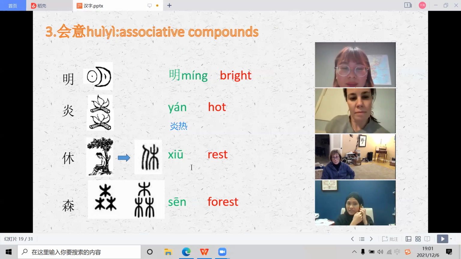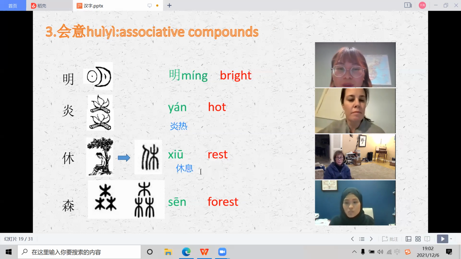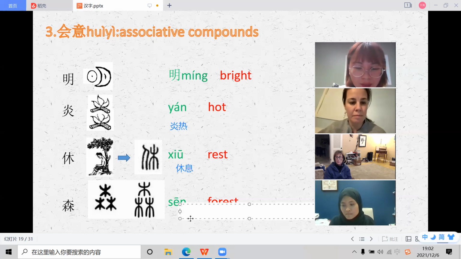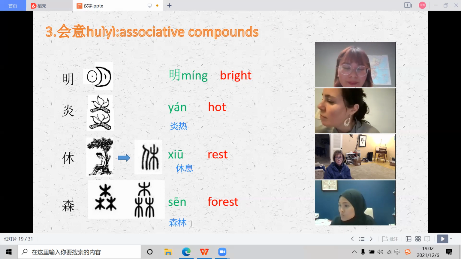And we use 休息 to express rest instead of 休. And we use 森林 to express forest. We usually use two or more characters to express one meaning.